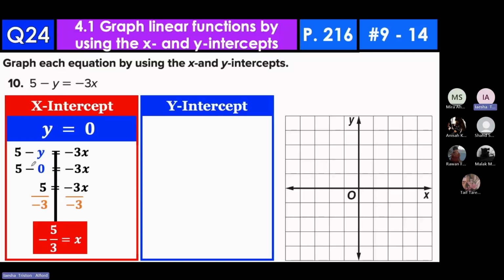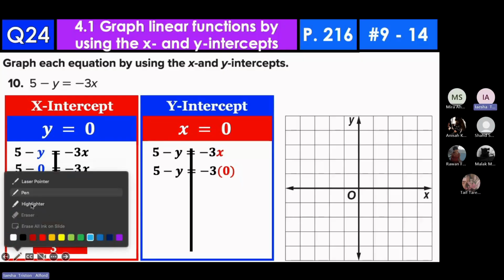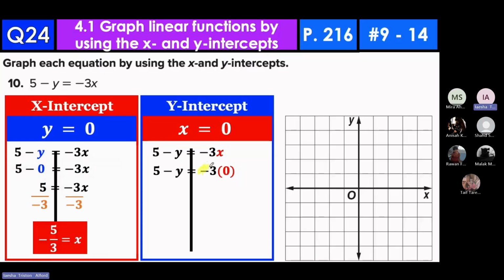For the y-intercept, x should be what? 0. Copy the equation. You're not writing x. Put parentheses and 0. From here, you need to multiply negative by 0. What do you get? 0.